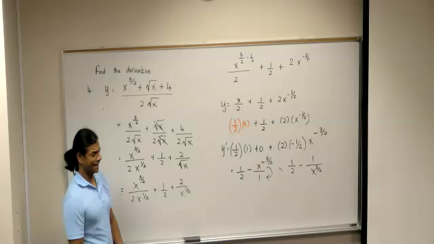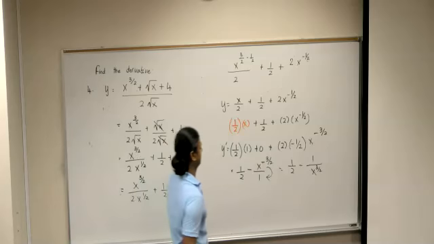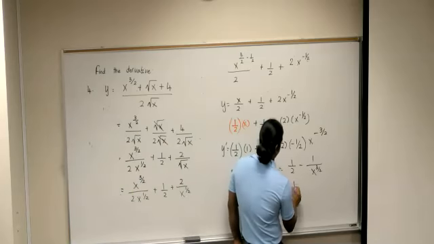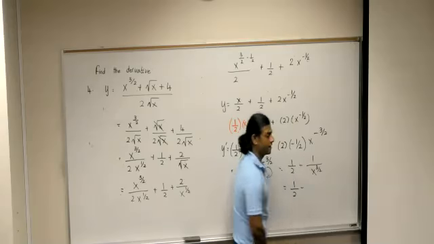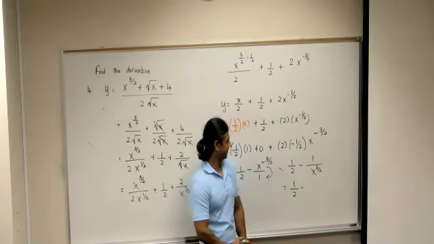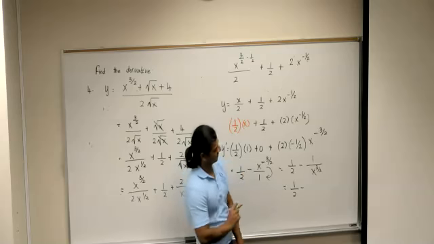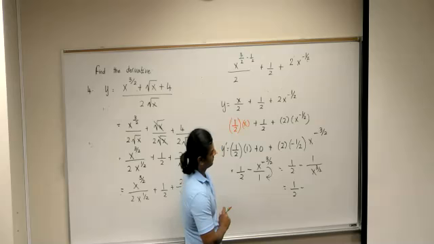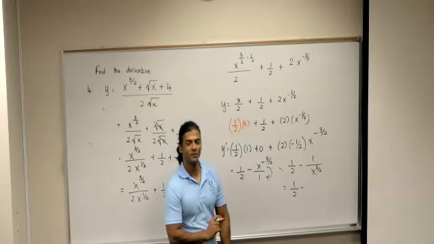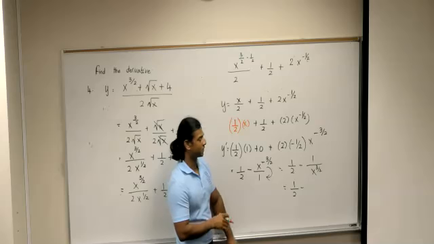You can leave it as is, but there is another way to write it. Lewis wrote it: 1 over the cube root of x. So close.